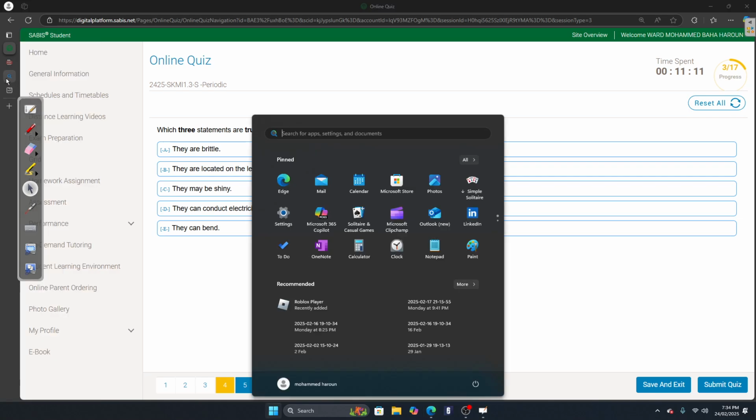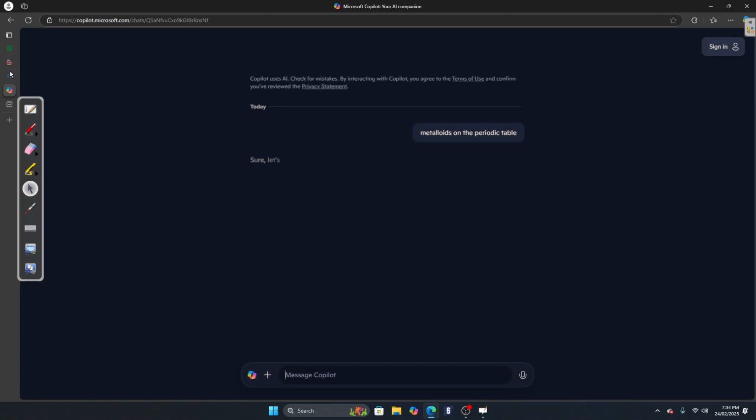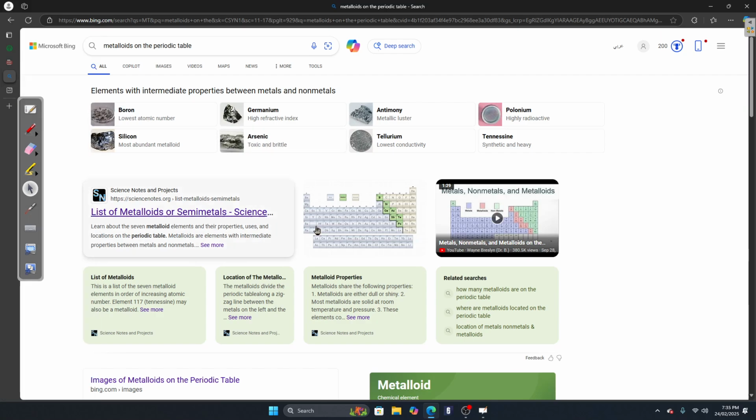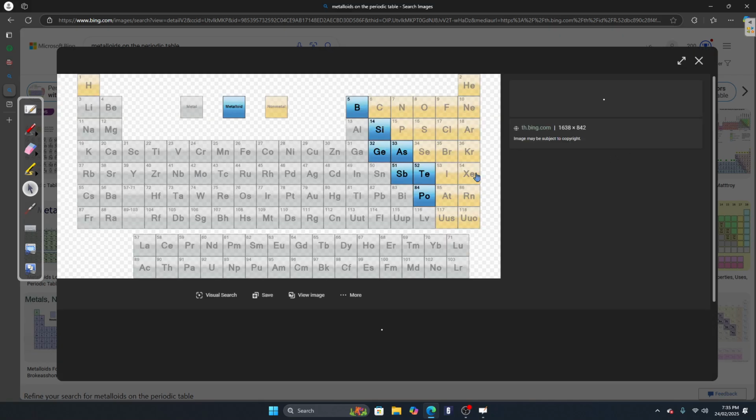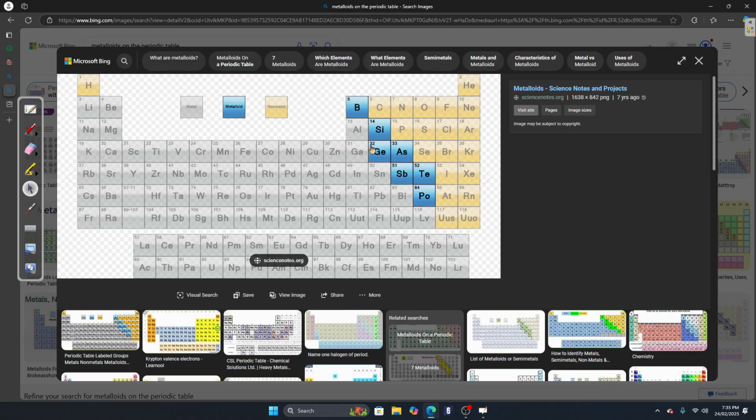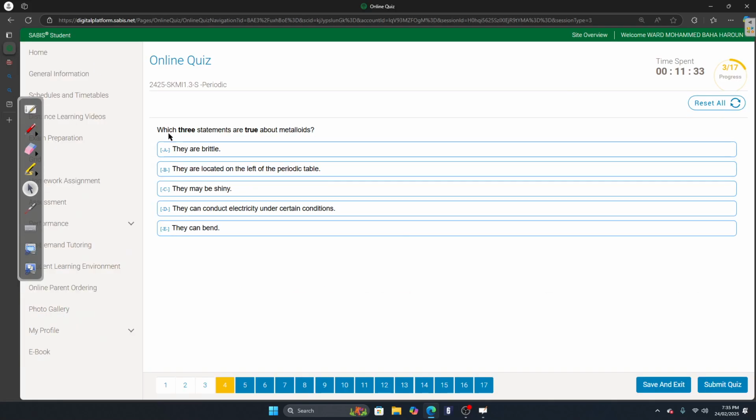Metalloids on the periodic table. Just look at this. They are on the right of the periodic table and they form a zigzag pattern. Memorize this, that they form a zigzag pattern because it will come in the exam most probably. So they form a zigzag pattern. Okay? Now about metalloids.